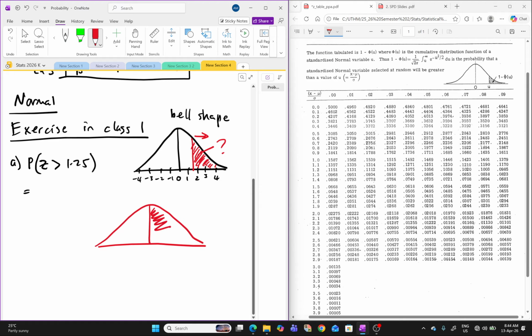Okay, 1.2, the first 2 digits are here, and then the third digit you follow here, 5, and then crisscross. Persilangan di sini. Boleh? Okay, so 0.1056.